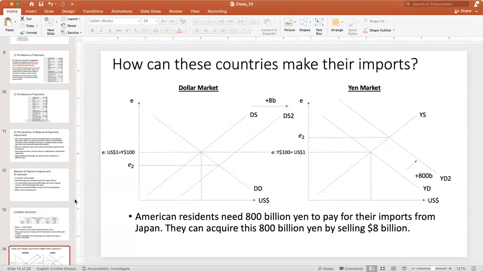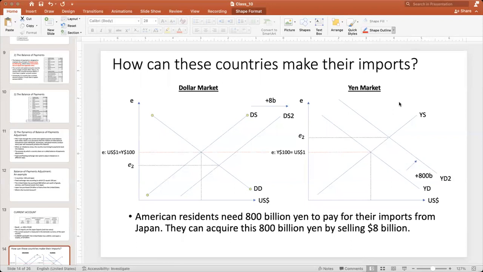So remember, we are in a fixed exchange rate, so this is going to be fixed, and we have the dollar market and the yen market, and we're going to be in equilibrium.